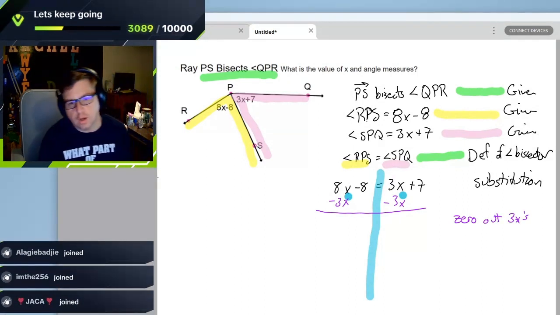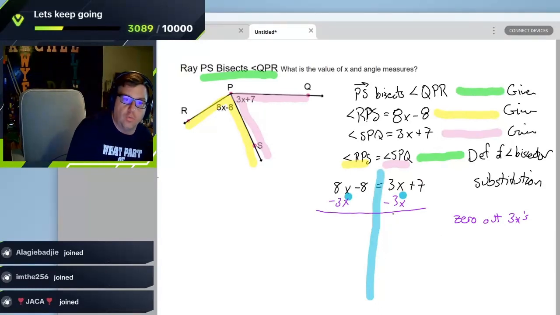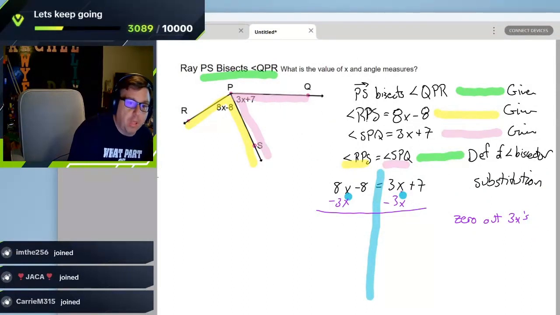We're really trying to get rid of those 3x's on the right-hand side. So if we do this on the right-hand side, we can also combine it on the left-hand side, just like we did the plus 8 on both sides. This zeroed out, and we were left with 3x on this side, but then we did 19 plus 8 and got 27. That same thing can apply with x's.